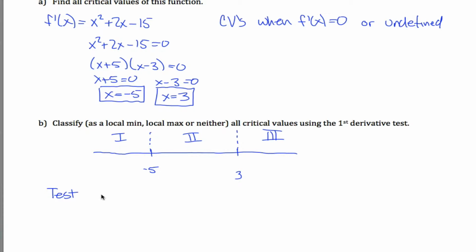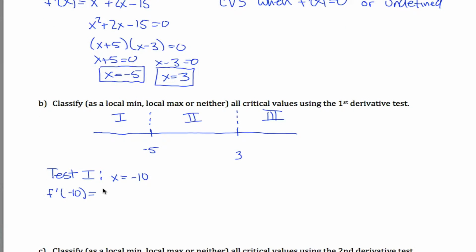What you want to do is test a number, arbitrarily picking any number from each of the 3 different regions. So from region 1, any number less than negative 5. How about negative 10? Test x equals negative 10. When I say test it, I mean throw it into your first derivative.